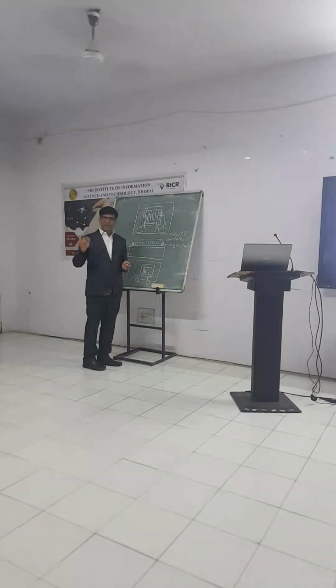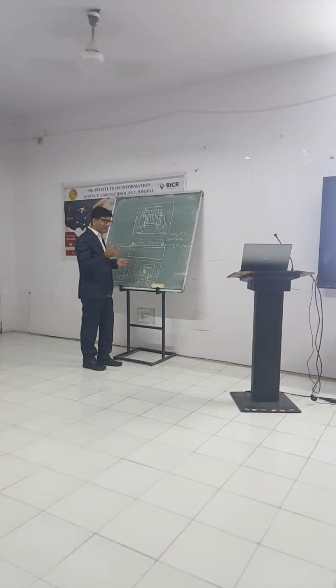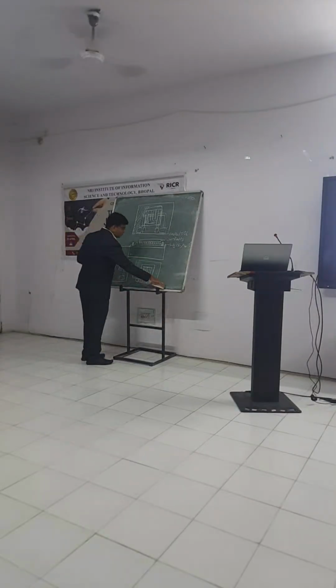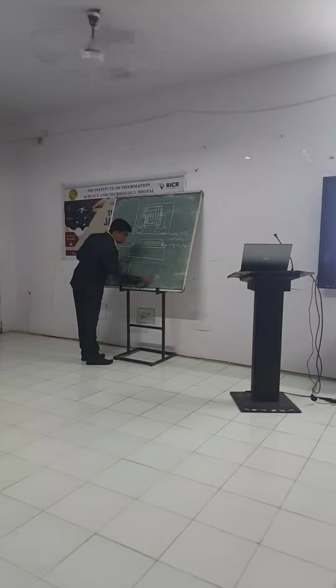So now tell me, what will be your structure? Can you draw? At least two to three candidates, draw the next structure. After this, what will be the top view of your device? So this is my silicon substrate.